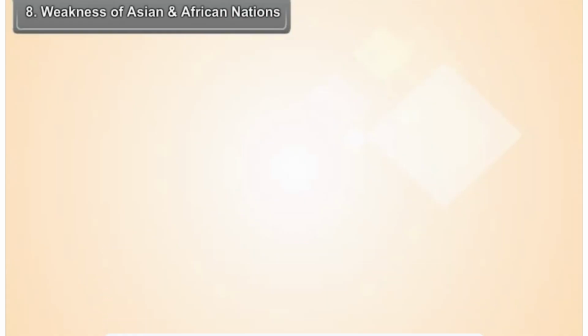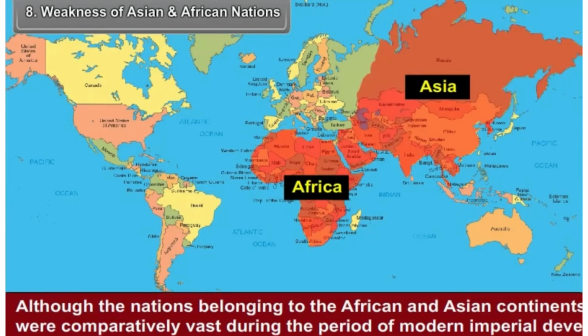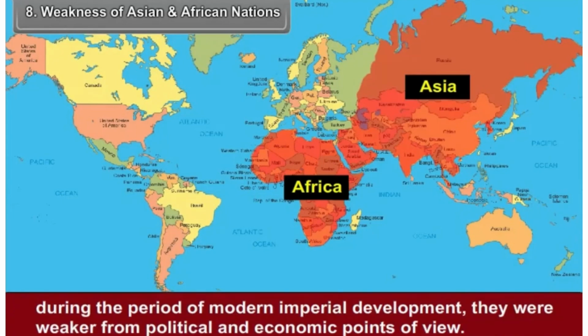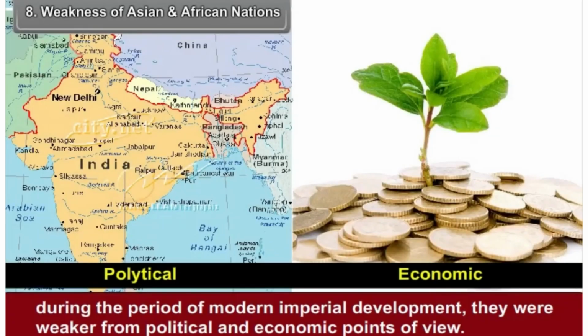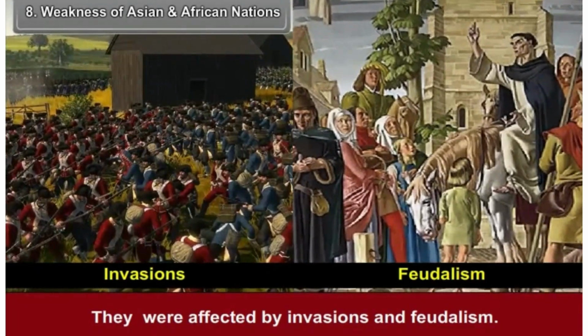Eighth, weakness of Asian and African nations. Although the nations belonging to the African and Asian continents were comparatively vast during the period of modern imperial development, they were weaker from a political and economic point of view. They were affected by invasions and feudalism.